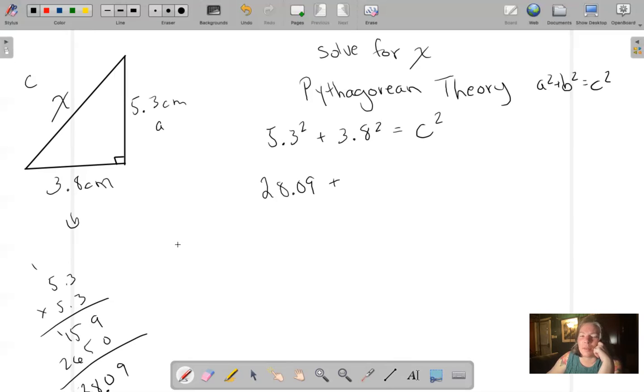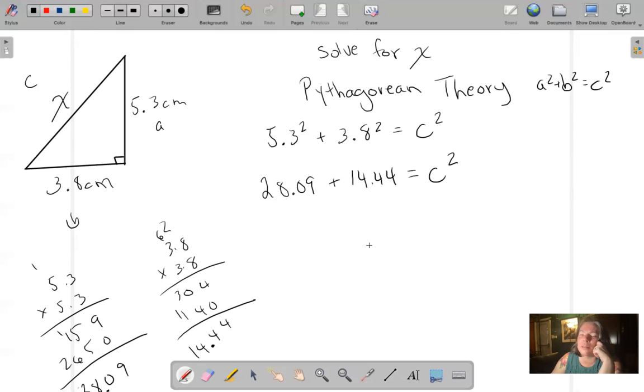Plus 3.8 times 3.8. 8 times 8 is 64, 8 times 3 is 24, plus 6 is 30. Bring down a 0, 3 times 8 is 24, 3 times 3 is 9. Decimal goes here. 14.44 equals C squared. Now I have to add these two.